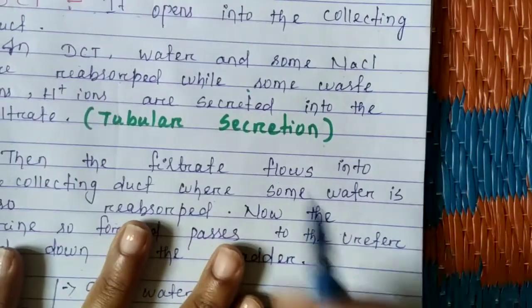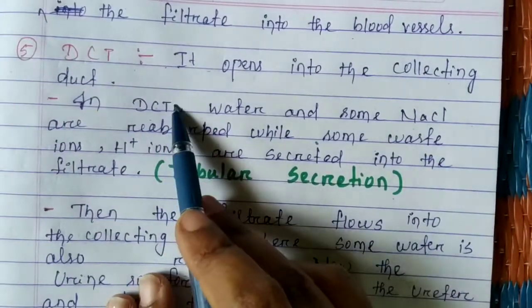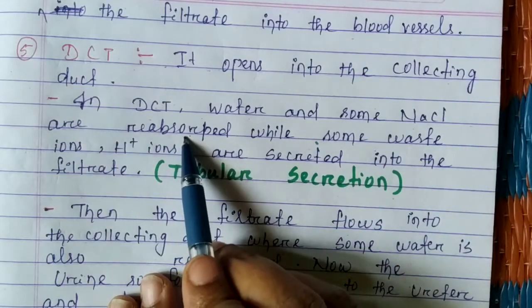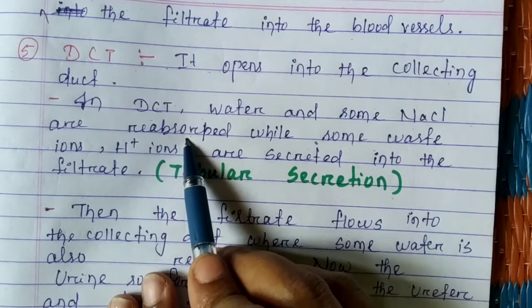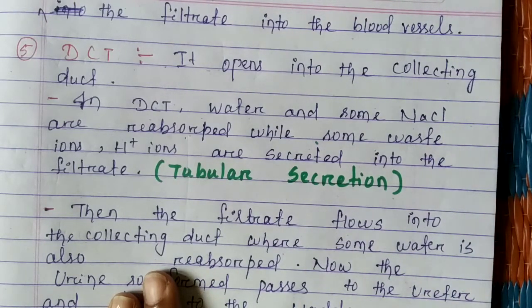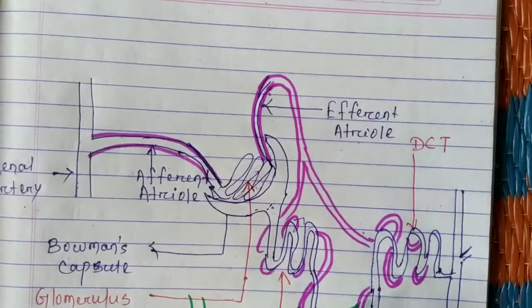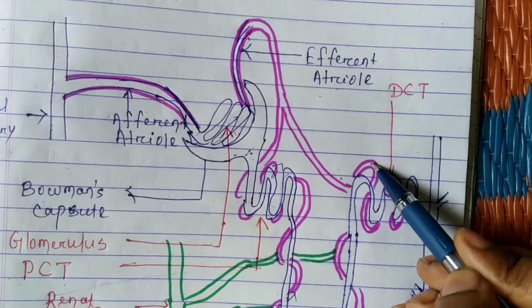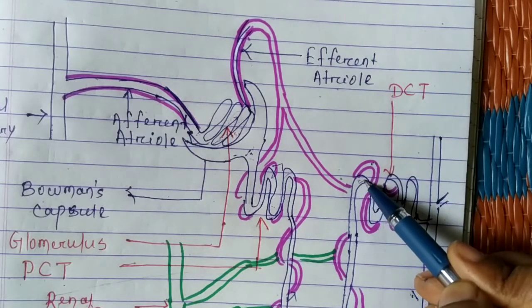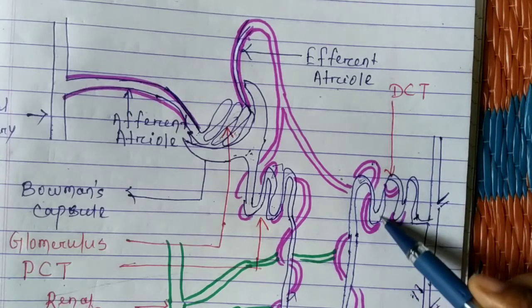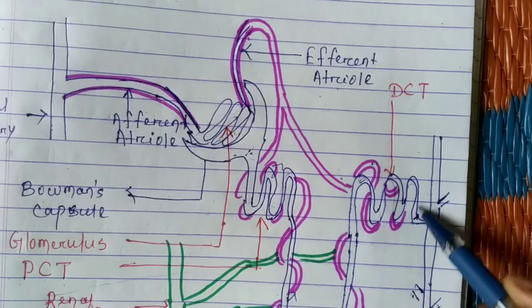What happens in this case? In the DCT, water and some NaCl, that is sodium chloride, are reabsorbed again into the blood vessel, while some waste ions, hydrogen ions, are secreted into the filtrate. If there are some waste substances in the blood vessels, they are returned back into the filtrate, into the distal convoluted tubule.